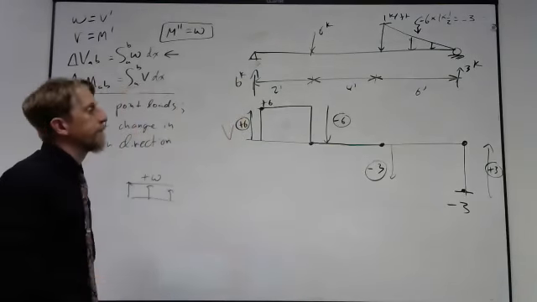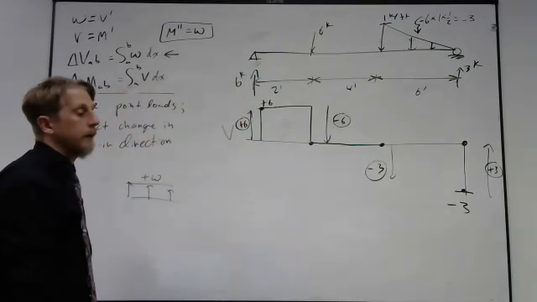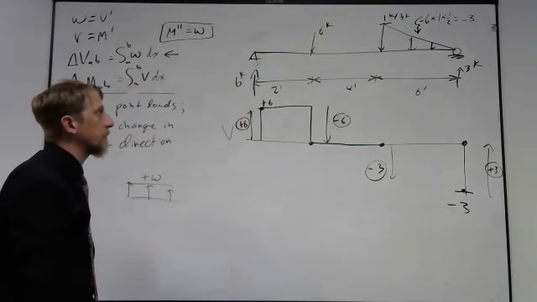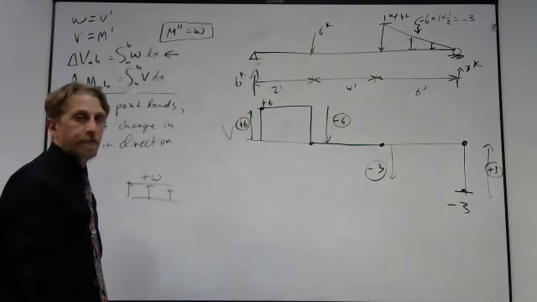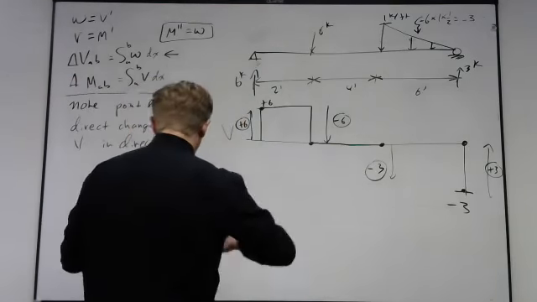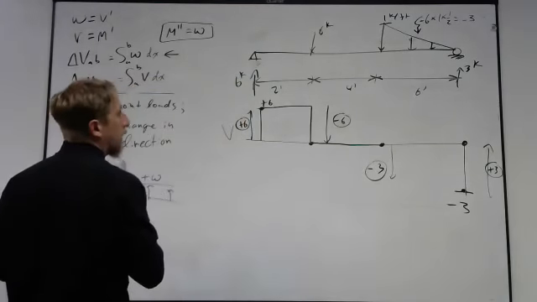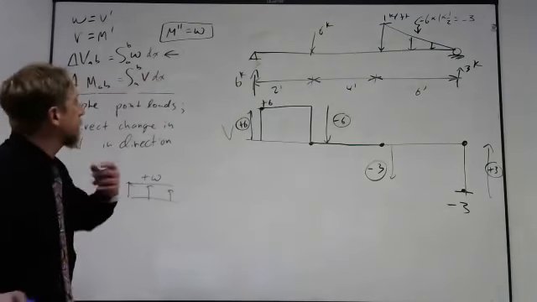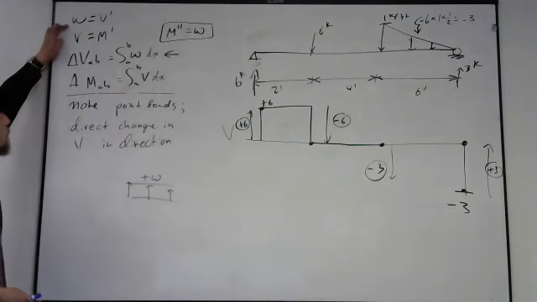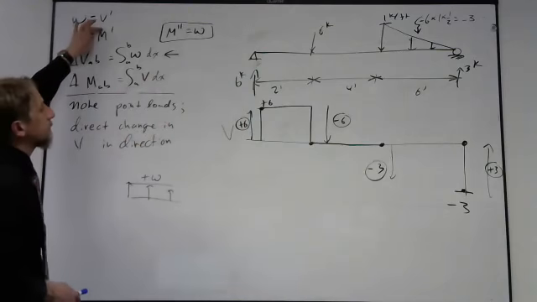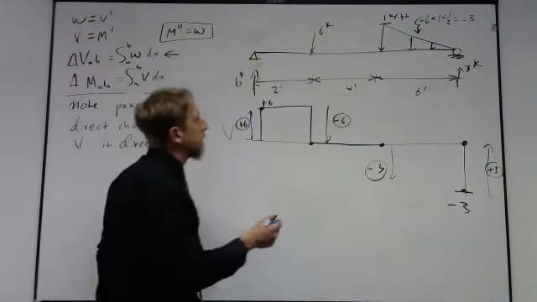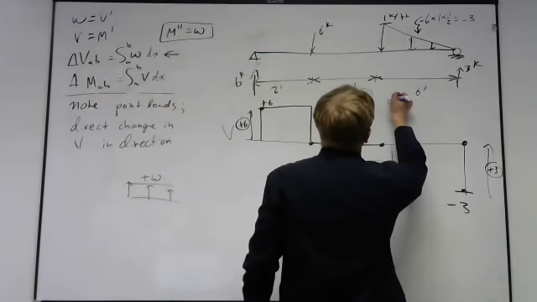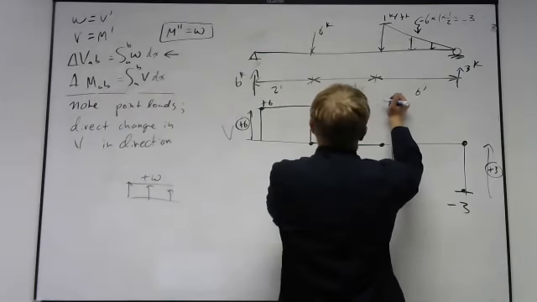How do I draw this guy? Okay, so now I have to get into something a little bit more complicated. It's not too bad. But just have to think about it. Okay, so I'm talking about shape here. So shape is this one. W tells me the shape of V. Okay, W is the slope of V. So let's look at that. W is the slope of V. So what is W?